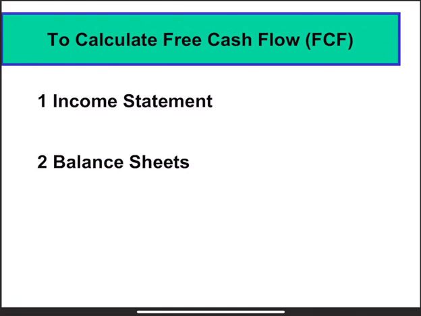And here we go. So to calculate the free cash flow, we need some line items from the income statement and some line items from the balance sheet. Okay, so we're going to go through what is part of the free cash flow and where on these financial statements to find that information. And hopefully these are some financial statements that you remember from taking accounting.